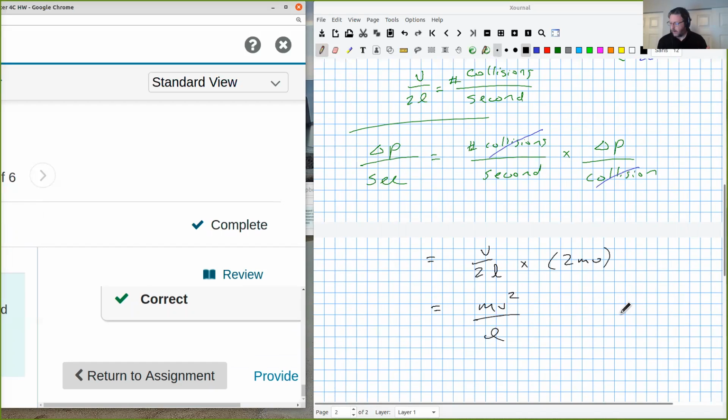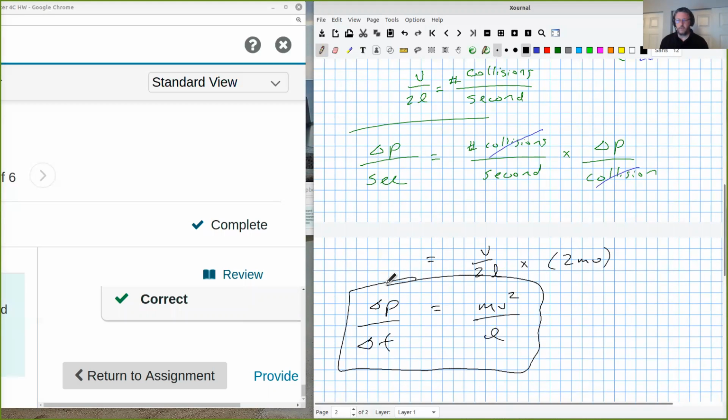But I want you to think a little bit about this expression that we got. This is the rate of change of momentum of the box due to one molecule bouncing back and forth. So this expression, if you've done some of your chapter 5 reading, you might recognize that mv squared is related to the kinetic energy of the molecule.